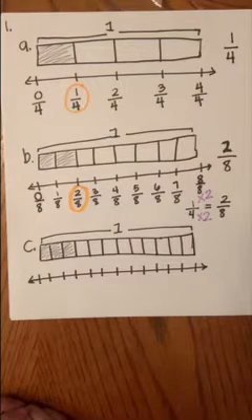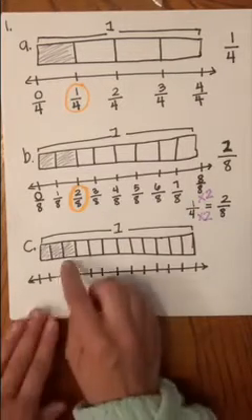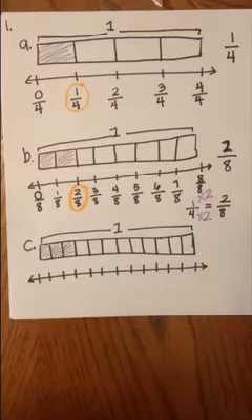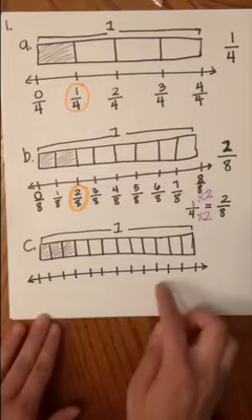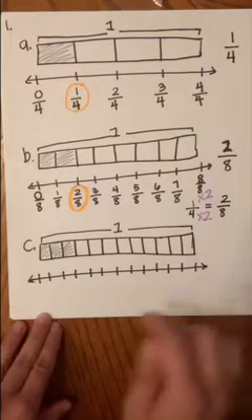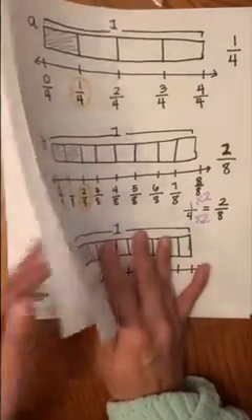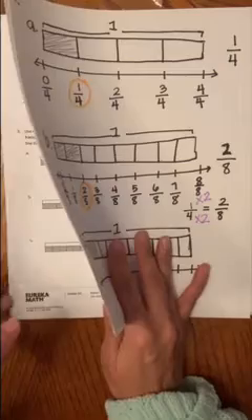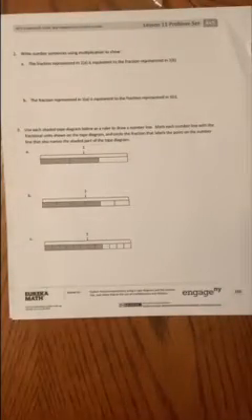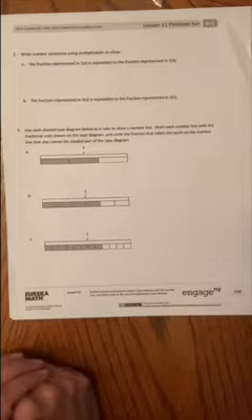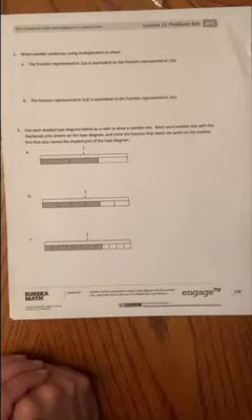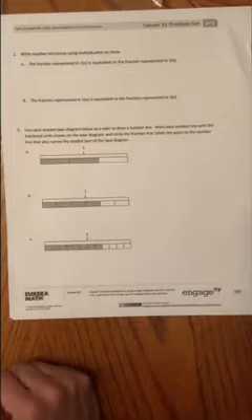Awesome. So go ahead and try C on your own and see if you can find another equivalent fraction. Interesting. Let's go ahead and look at number 3. It says, use each shaded tape diagram below as a ruler to draw a number line.